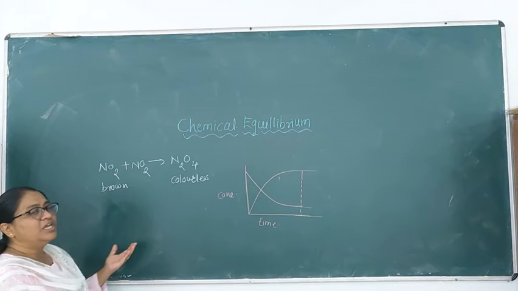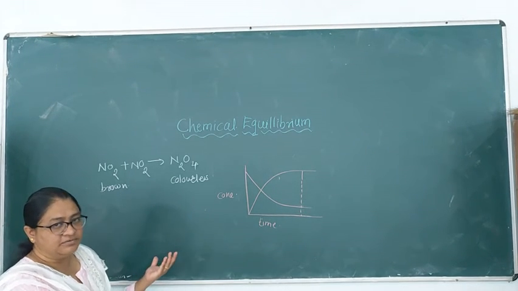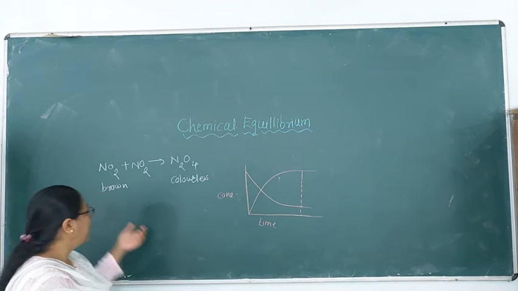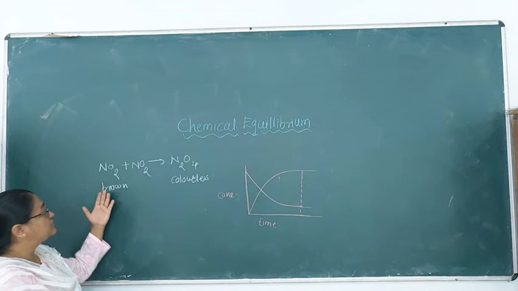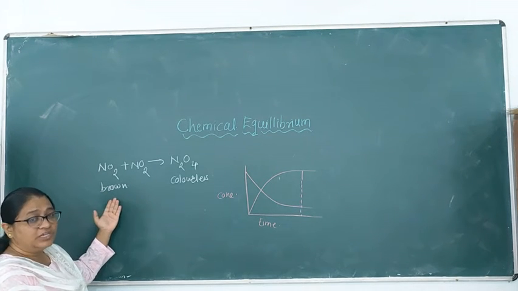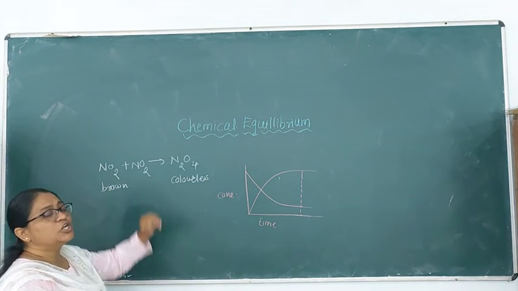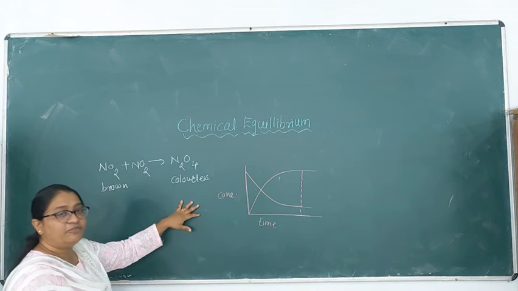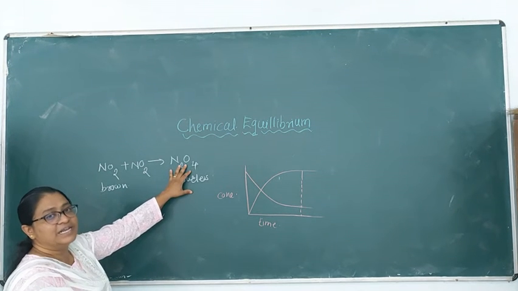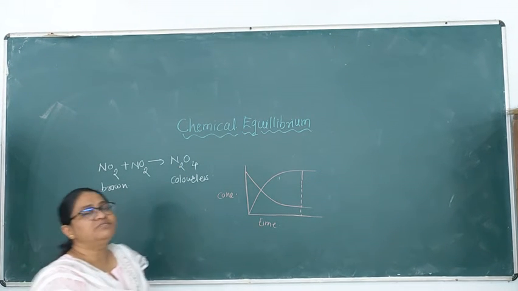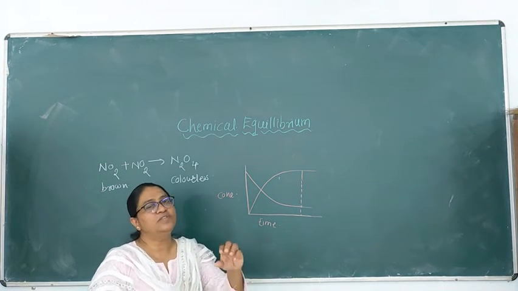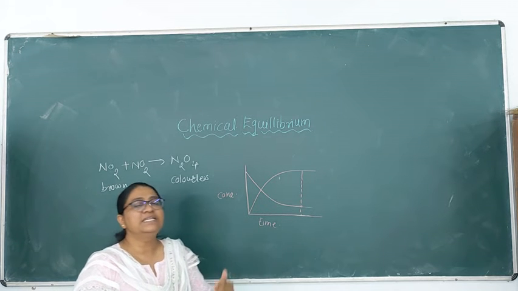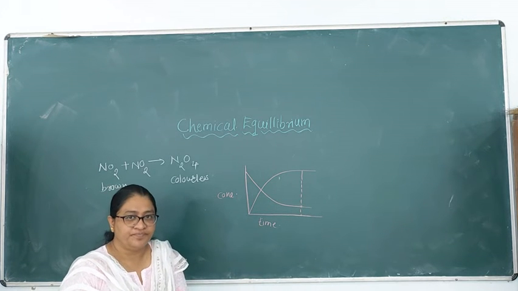Now in this reaction, if we take an evacuated vessel and fill it with nitrogen dioxide gas, which is dark brown in color, then as the reaction goes, the colorless product will be formed. Therefore, it is observed that the intensity of the dark brown color decreases as the reaction goes.